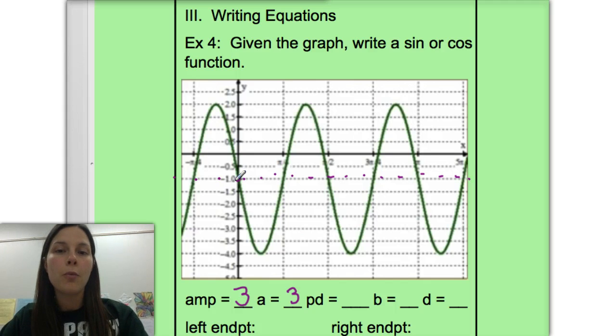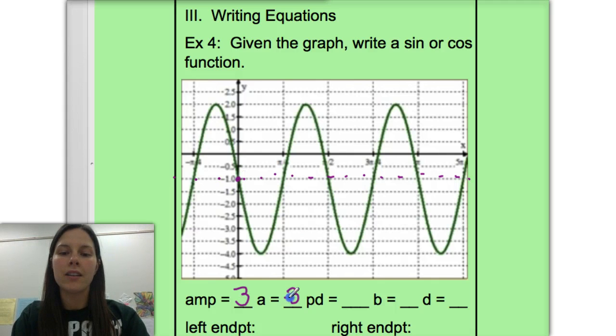I'm going to call that y-axis my start value, and what I notice is that it's going down from there. So because the sine function without a reflection goes up from its first intercept, our A value we now know is -3.